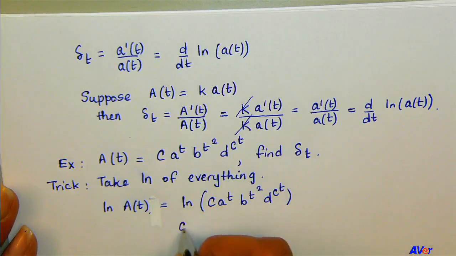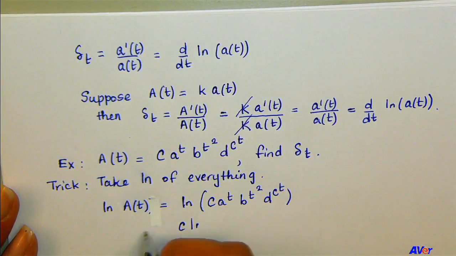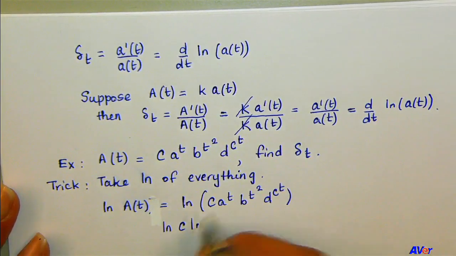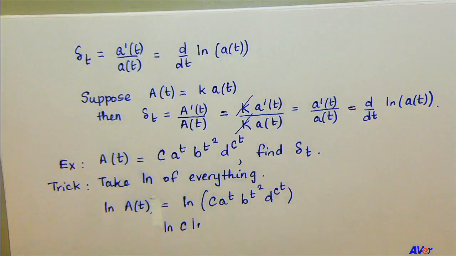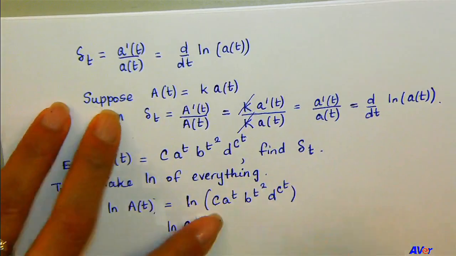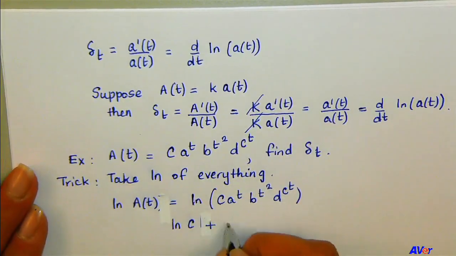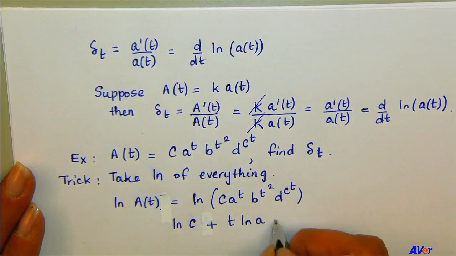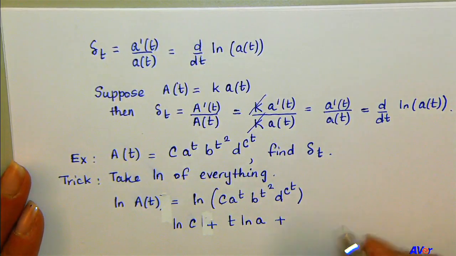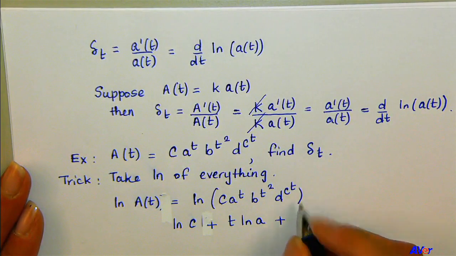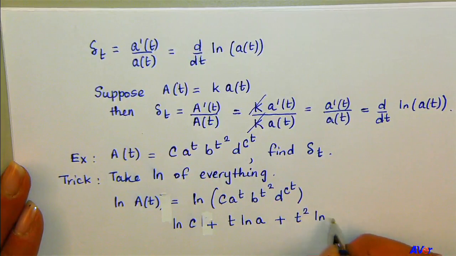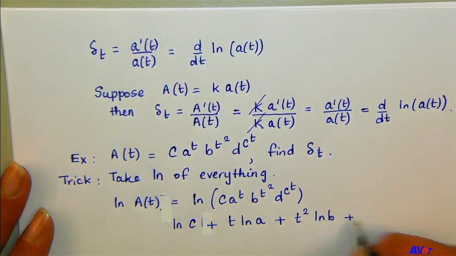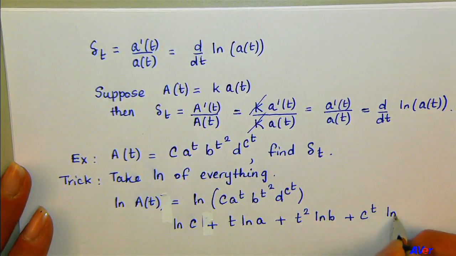So this would be ln c plus, how do you take the ln of a to the t? t ln a plus, how do you take the ln of b to the t squared? t squared ln b plus c to the t ln d.